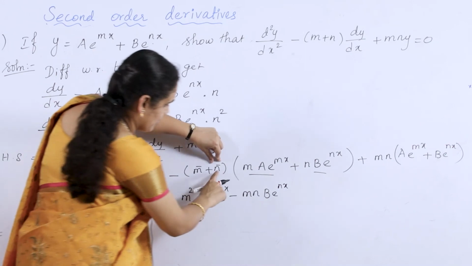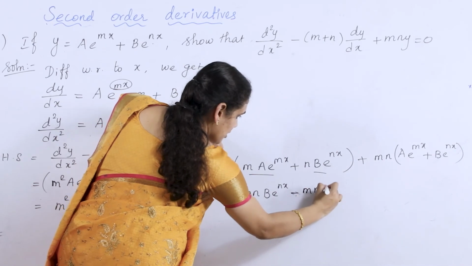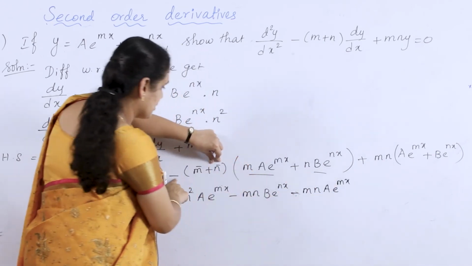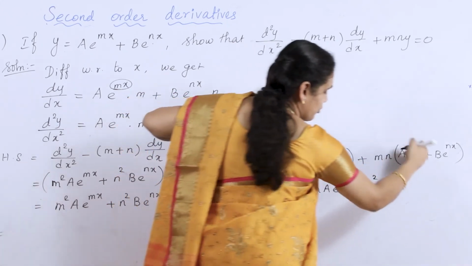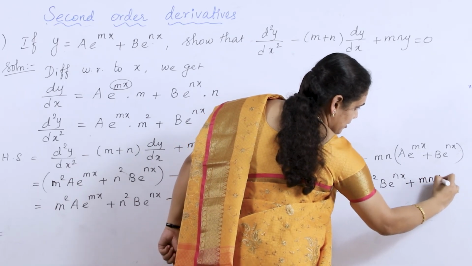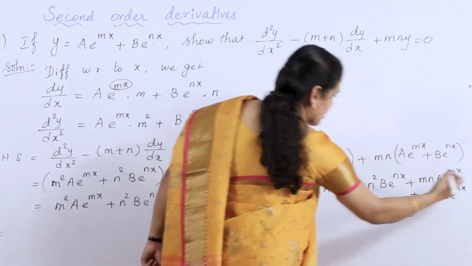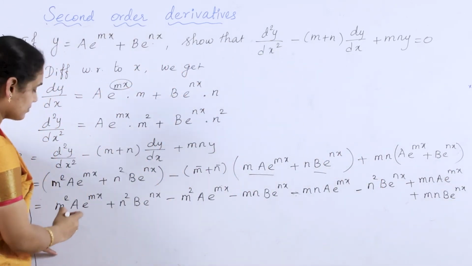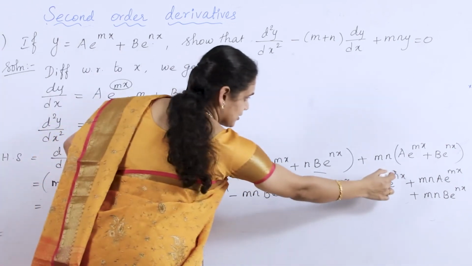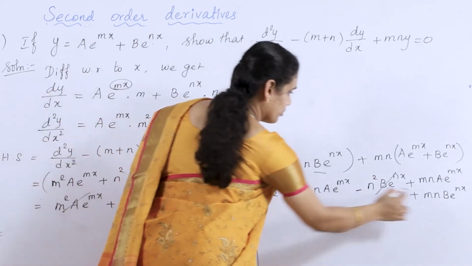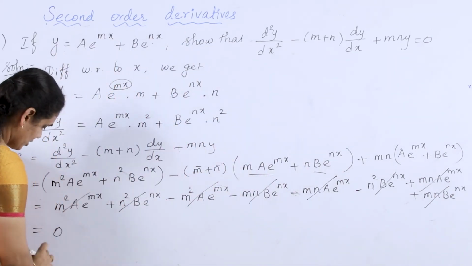Now with n, minus is there, so it becomes minus mn a e to the power mx, then minus into plus minus n square b e to the power nx. And if you multiply this mn inside, mn a e to the power mx plus mn b e to the power nx. You will find all the opposite terms. M squared, these two get cancelled, and here these two get cancelled, and these two have opposite signs, and these two have opposite signs. So all gets cancelled. So we get 0. So hence proved.